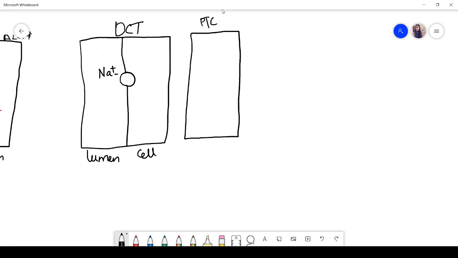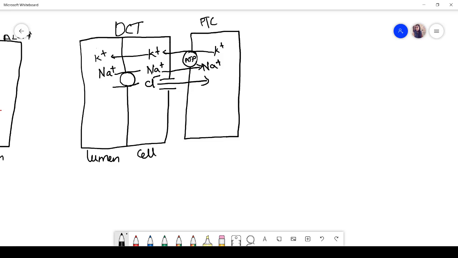Sodium is passed into our cell, and from the cell it goes into the peritubular capillaries. We already know that sodium and potassium are enemies, so with the help of the ATPase pump, potassium will come from the peritubular capillaries into the cell, and from the cell it will go into the lumen. You will also have chloride, with one transporter through which chloride will go into the peritubular capillaries.